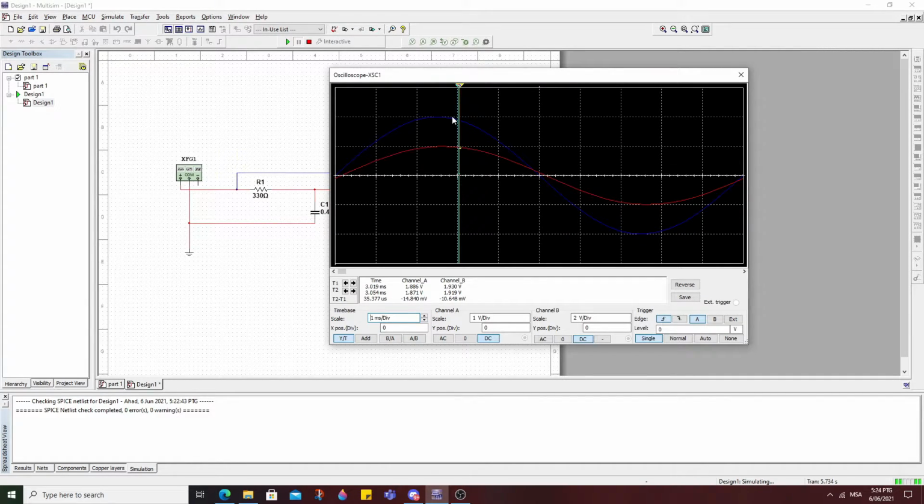We put the scale at 1 millisecond. So from the graph, we can determine the delta t is negative 188.6979 microsecond. So we put delta t in the formula, and then we can calculate the phase for the RC low pass filter.